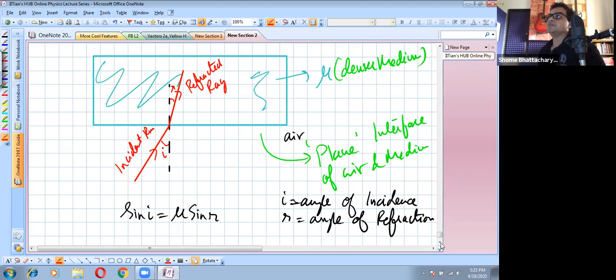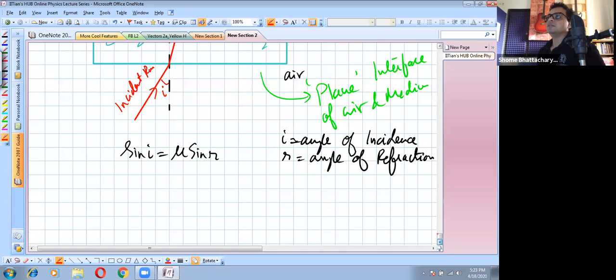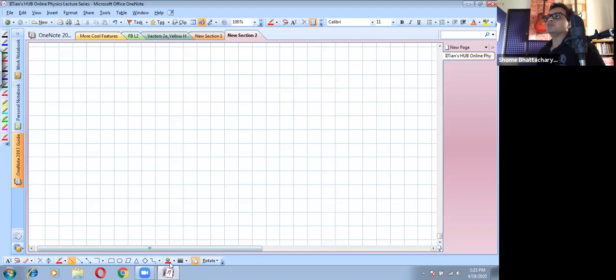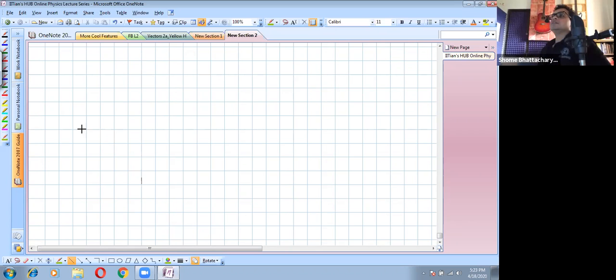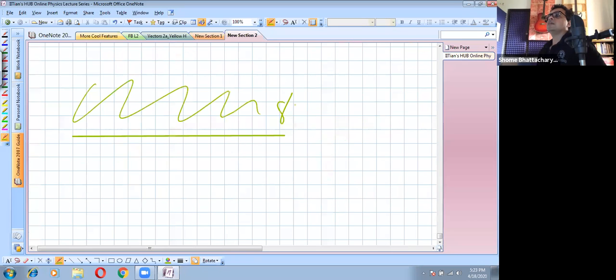Now if you just apply the principle of reversibility here, you will understand what happens when it is going from a denser to a rarer medium. So now let us say we have glass over here, which has refractive index mu, and we've got air on this side.